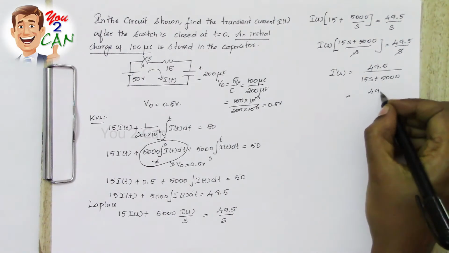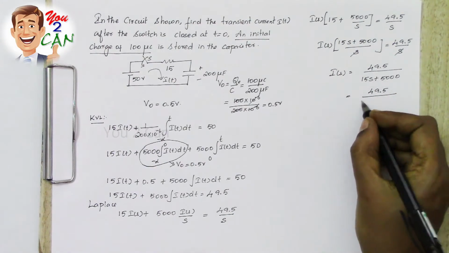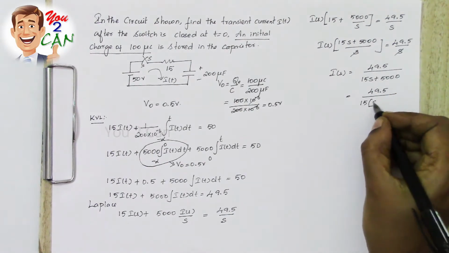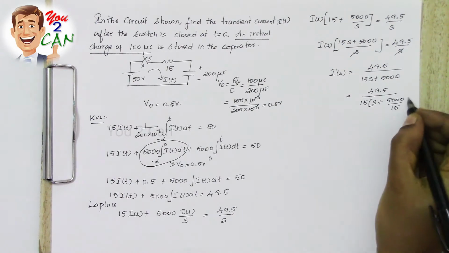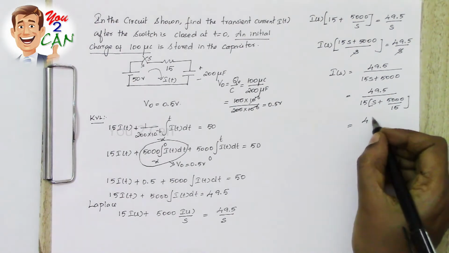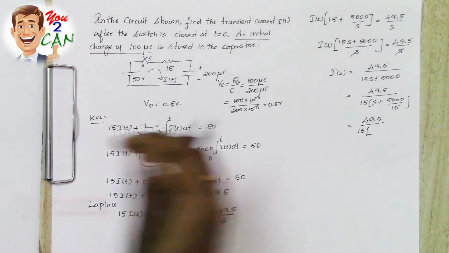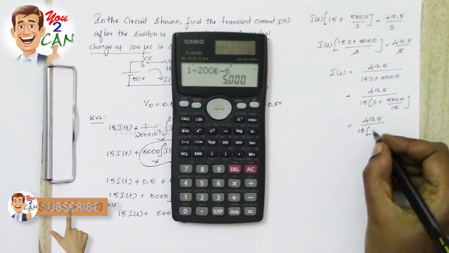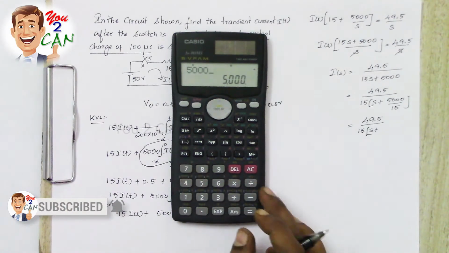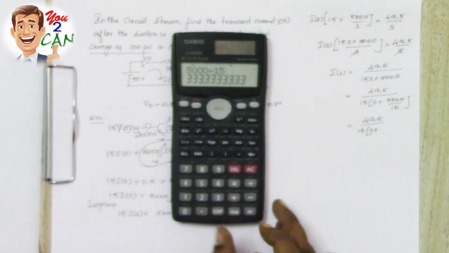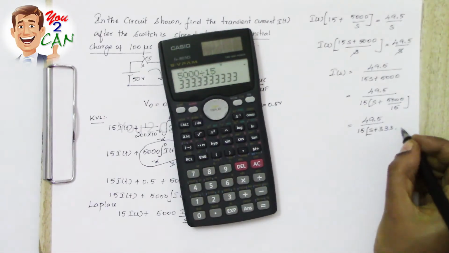So already we have seen this: take the coefficient of s, 15, outside. That is equal to s plus 5000 by 15, that will be 49.5 divided by 15 into, what is 5000 by 15? 5000 divided by 15 will be 333.3.